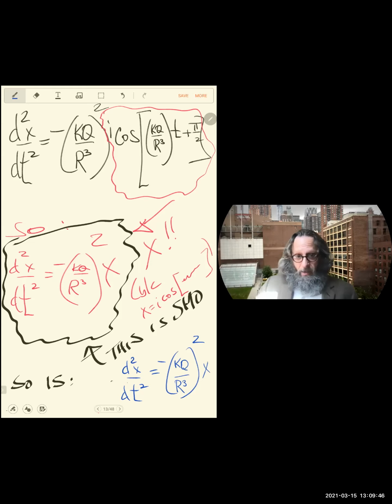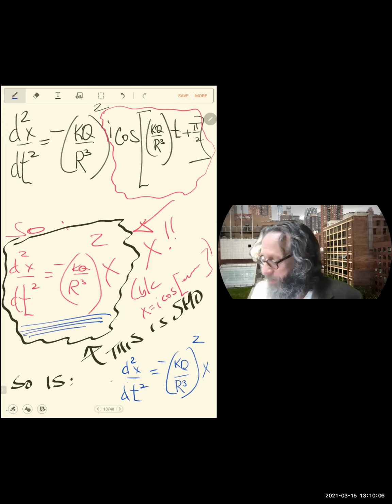What I'm saying here, and I'm agreeing with the 2 or 3 people in the private chat, is that definitely the answer is yes here, but notice the subtlety. The reason the answer is yes, the reason that we're saying x equals I cosine blah, blah, blah is a harmonic oscillator, is that we got the thing written in red.